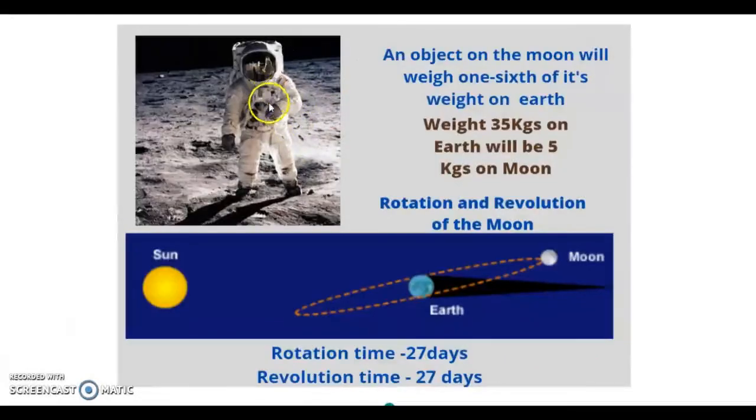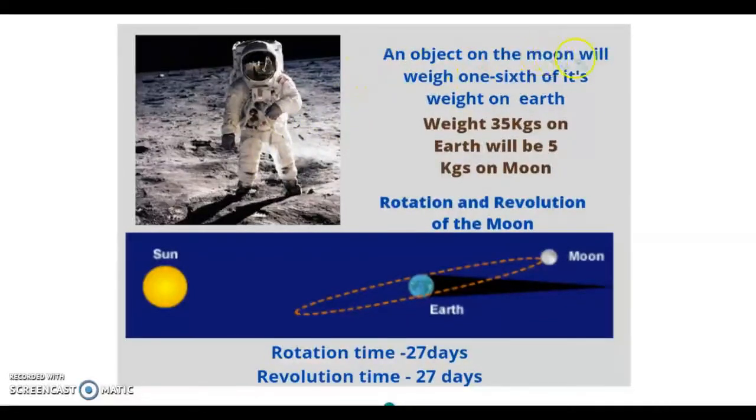Let us see some differences between the gravity of the moon and the gravity of the earth. The gravity of the moon is less than the gravity of the earth. How many times less? Yes, the moon's gravity is 6 times less than the gravity on the earth. Let's look here.